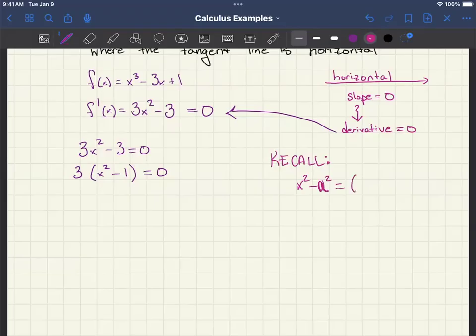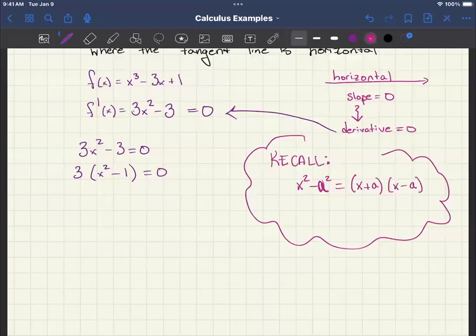If we have x squared minus a squared, this only works for minus, we can break that into x plus a, x minus a every single time, because our middle terms are going to cancel out when you multiply that through. So you'll see that those are the same things if you work it out.